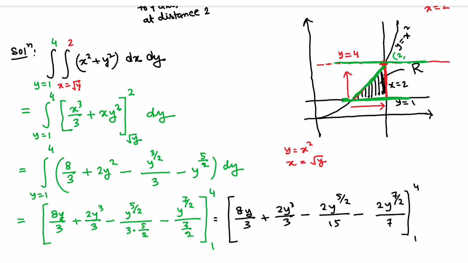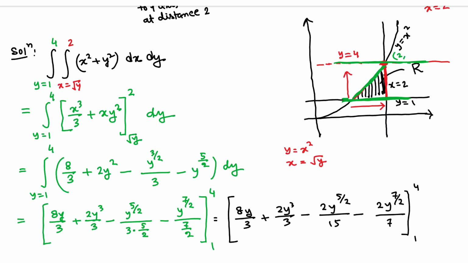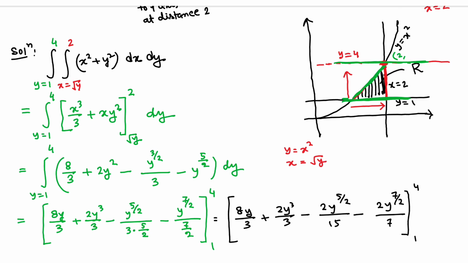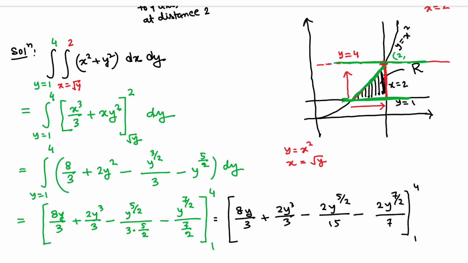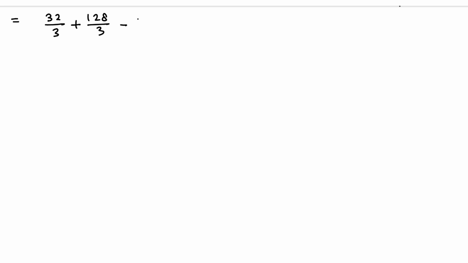Now upper limit minus lower limit. So 8 into 4 is 32 by 3, plus 2y cube by 3, so 64 into 2 means 128 by 3, minus 2 into 4 to the power 5 by 2.